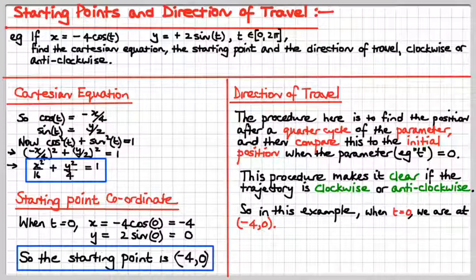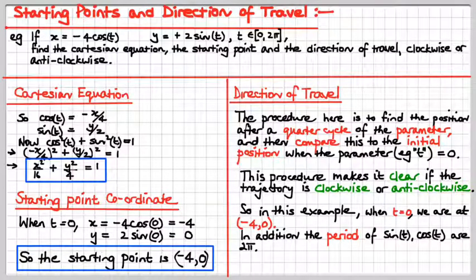Well, it's basically 2 pi, isn't it? Yes, so therefore we look for a quarter cycle. That would be a quarter of that, which would be pi on 2. Alright, now we do the same procedure as we just did over here, except plugging in not 0, but pi on 2 to find what x and y would be.